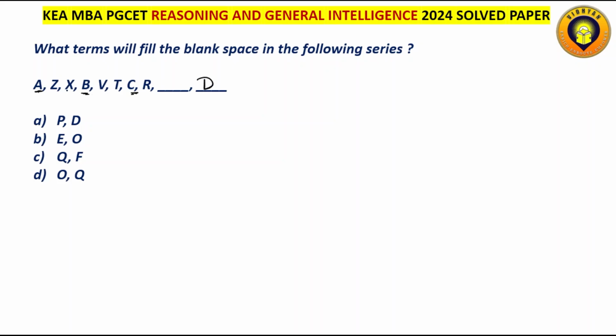Now check these 2 letters now. X, Y, Z. So Y is missing, 1 letter is missing. T, U, V. Here also 1 letter is missing. Therefore here it should be P, because P, Q, R. Then it will be correct. So therefore the 2 letters in the last will be P and D.